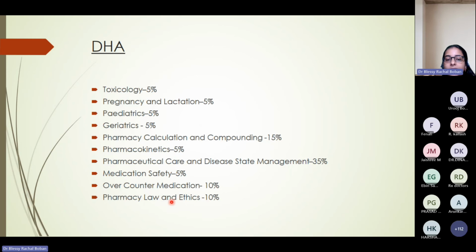And dear participants, don't mistake it for the pharmacy law and ethics which we follow in India. Not at all. Indian rules and regulations are not followed. We follow US FDA protocols, US Food and Drug Administration regulations, and most of the GCC countries follow SFDA regulations, that is Saudi Food and Drug Administration regulations.